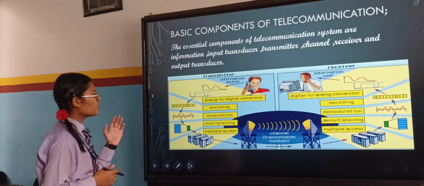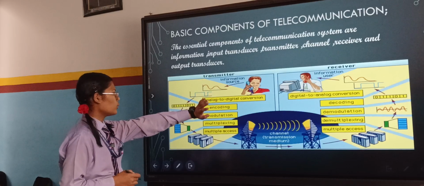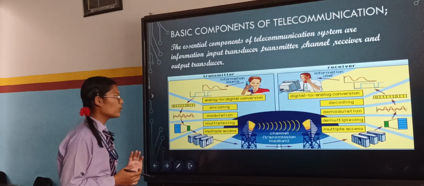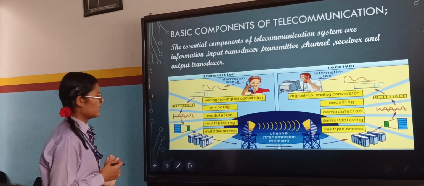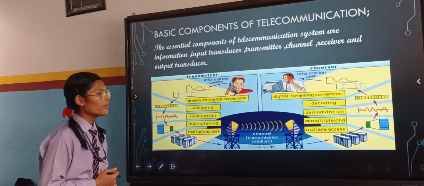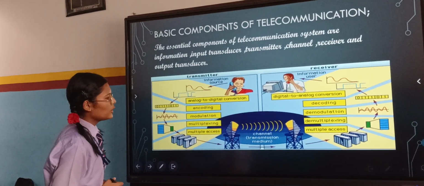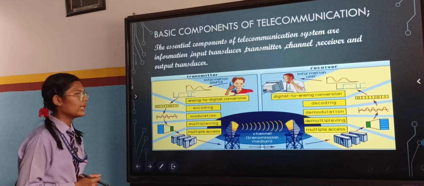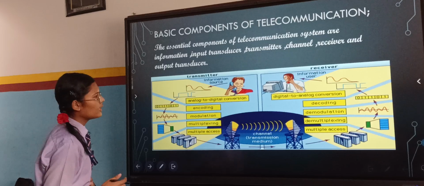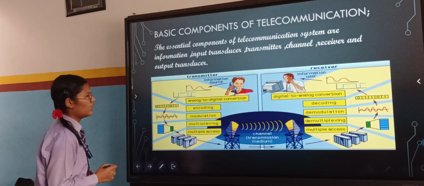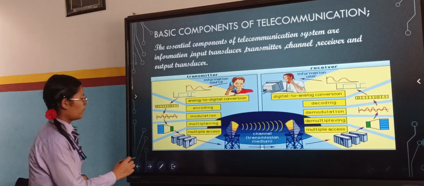In the transmitter there is an information source, and through analog to digital conversion, encoding, modulation, multiplexing, and multi-access is done. Then the channel transmission medium, and multiple access, demultiplexing, demodulation, decoding, and digital to analog conversion is done, after which the information user is a receiver.